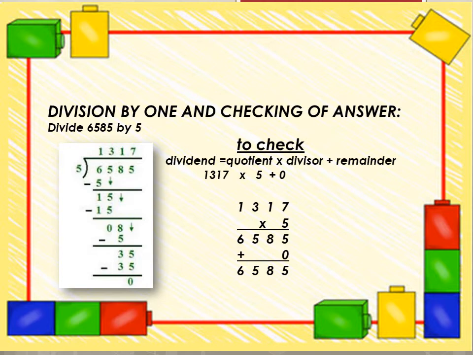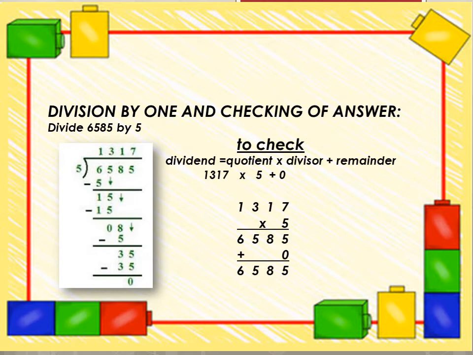The difference is 3 of 8 and 5, and then 5 will be taken down. At the last, 5 sevens are 35. So children, you may see there is no remainder at the end, and the quotient is 1317.